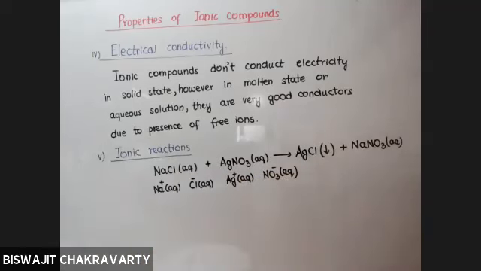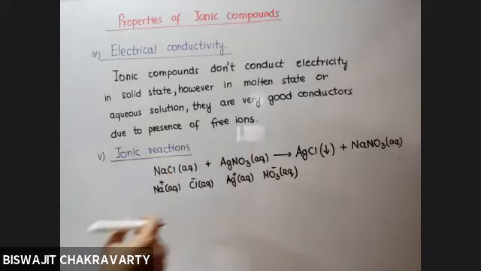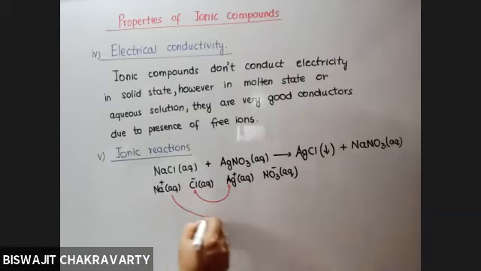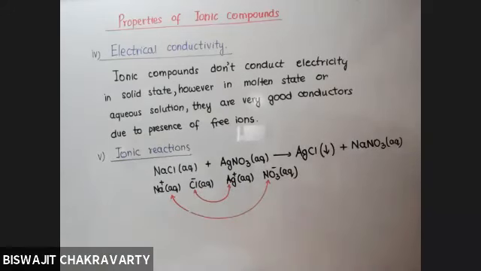This is the actual form in which they exist, because the moment they are dissolved in water, they do not exist as ionic compounds; rather they get dissociated. The moment the two are mixed, they immediately combine with oppositely charged ions. Ag+ will combine with Cl-, producing a white precipitate of AgCl, and Na+ will combine with NO3-.